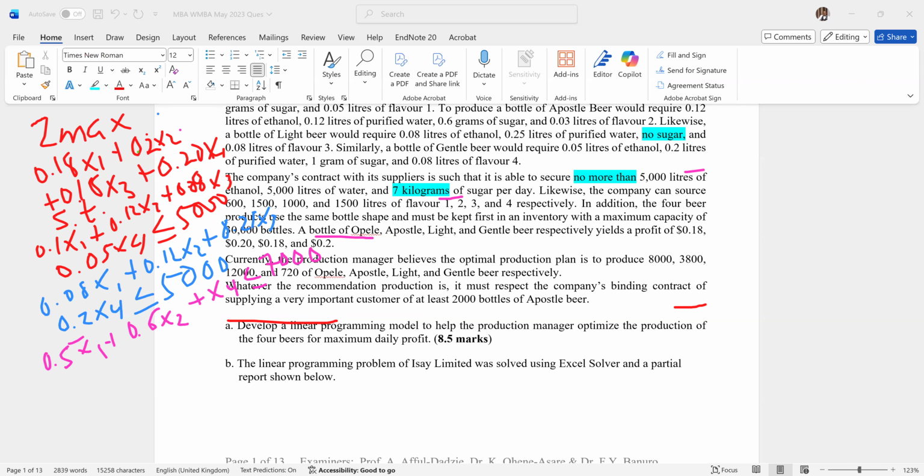So the next constraint will be the flavor constraint, and it will be 0.05 for the flavor. Sometimes it's not the best to go too automatic. There is something that we got to deal with before the flavor.